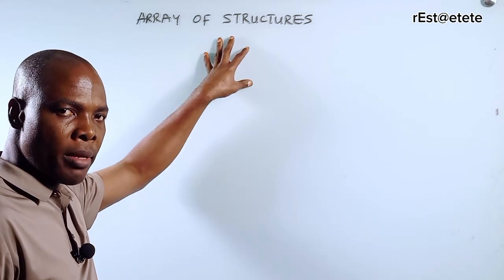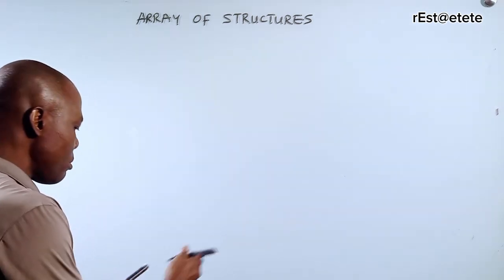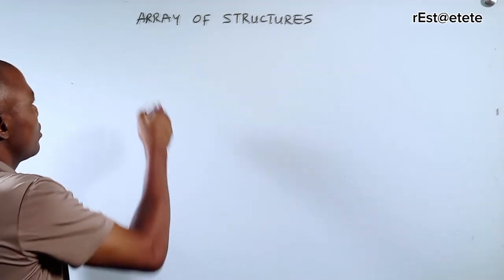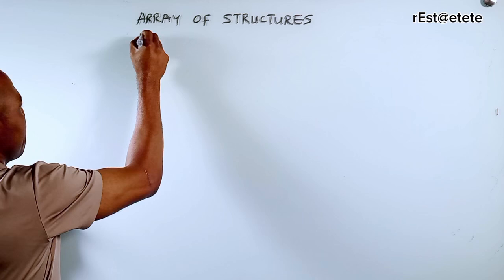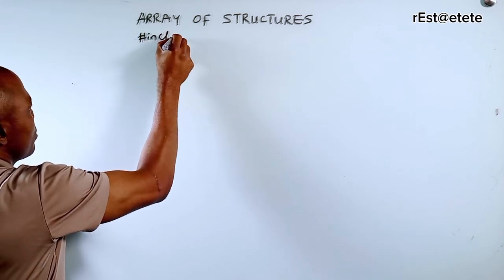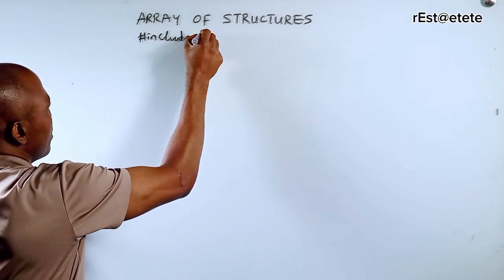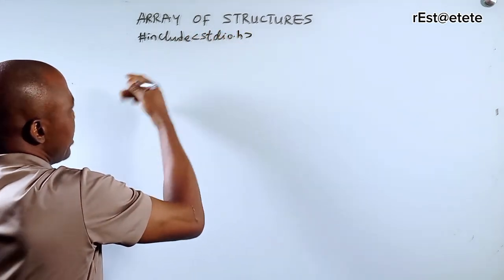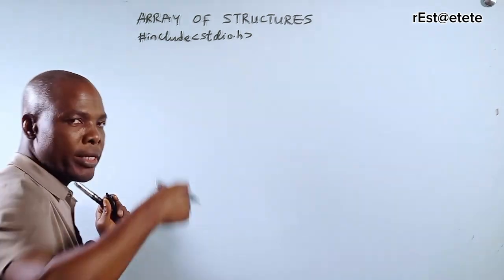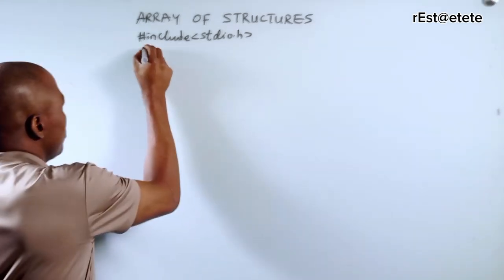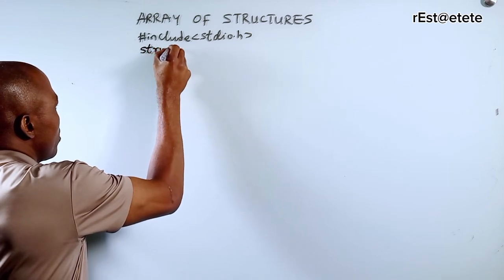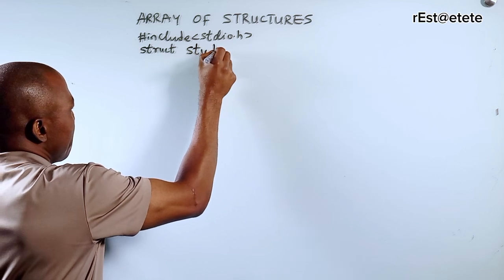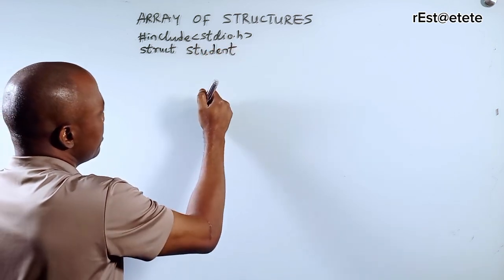So let's write a program to demonstrate this. So we'll say include stdio.h. That is all we need. So we are going to declare our structure. We use the struct keyword, struct, and then we'll call it student, right?